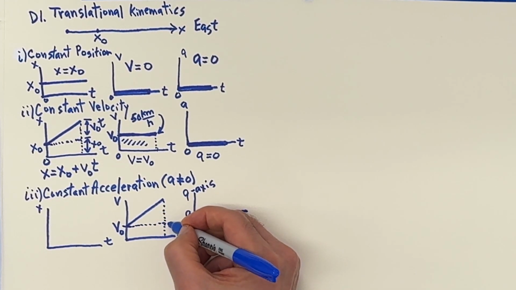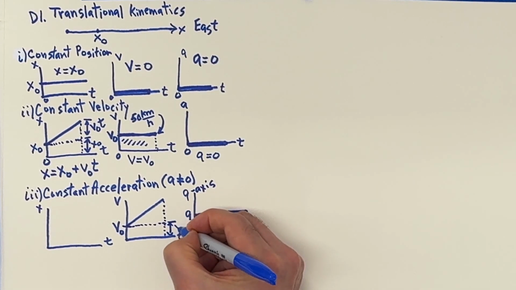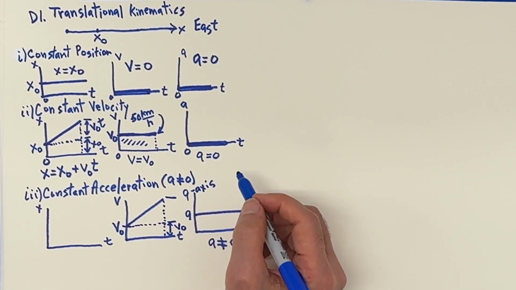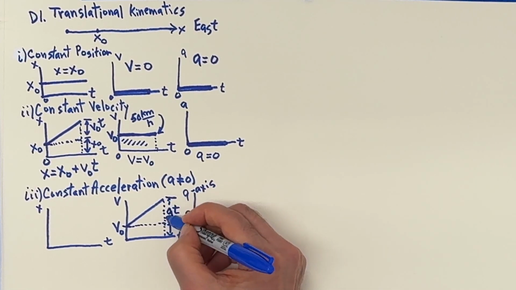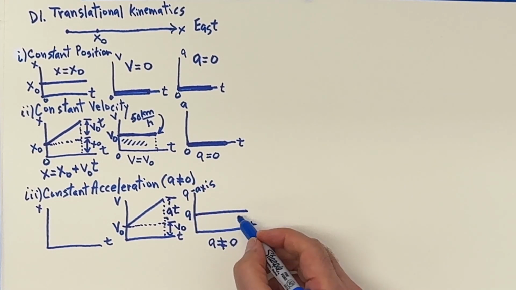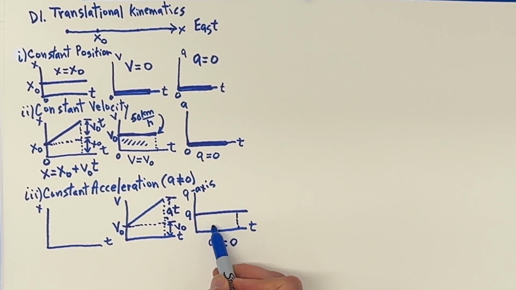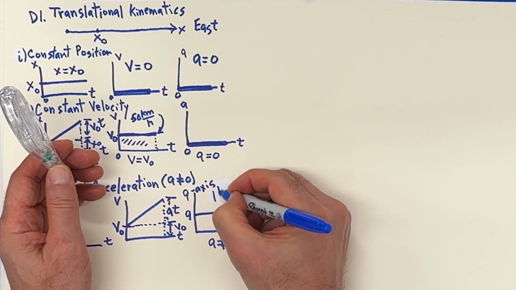The piece here is your V naught, but then the additional piece here is your acceleration times the time. See, that's the area.